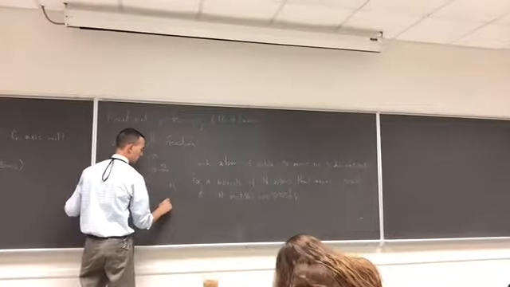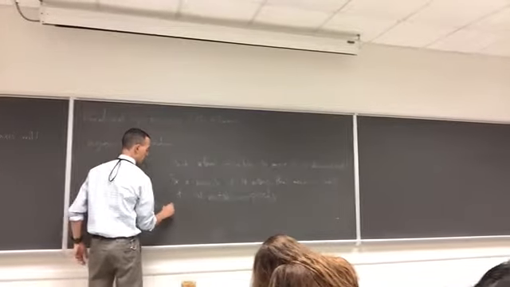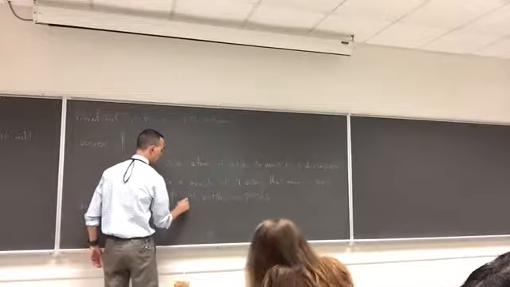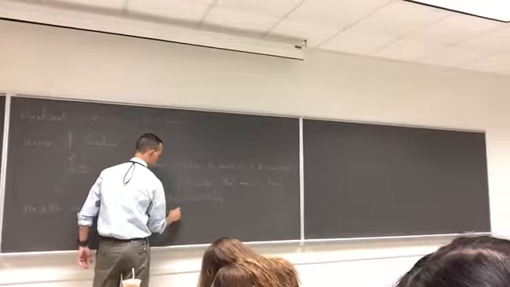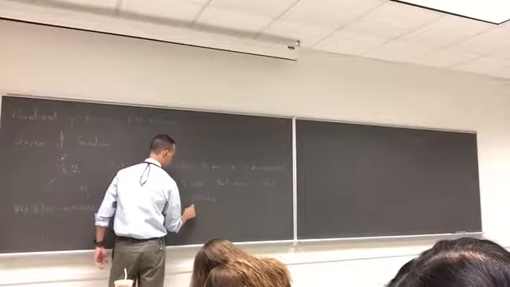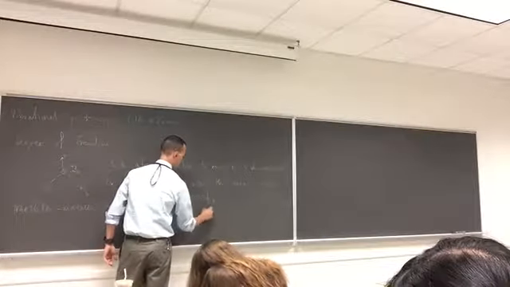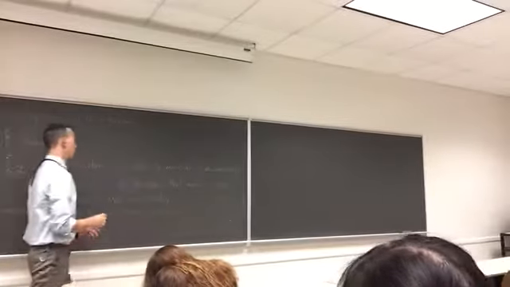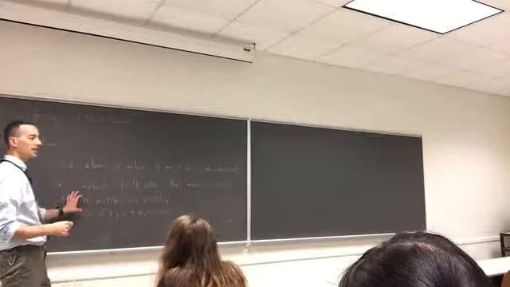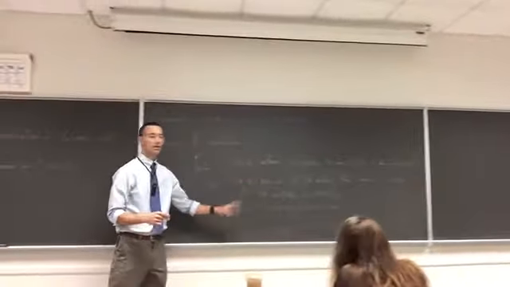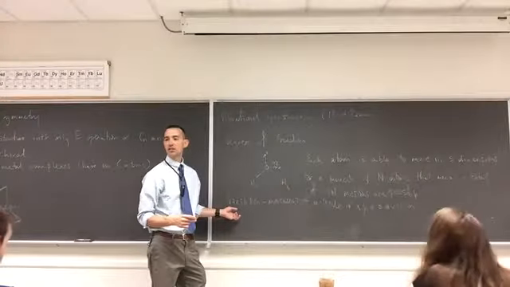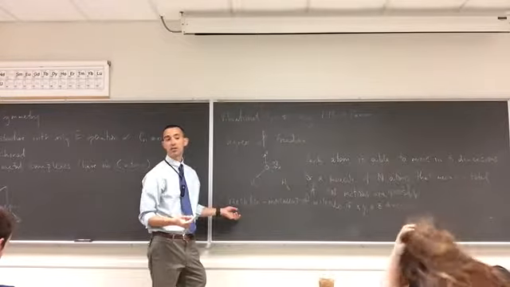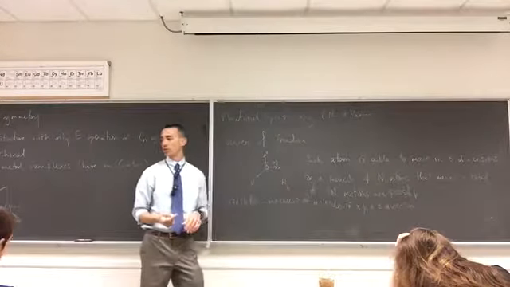Translation: movement of the entire molecule in the x, y, or z direction. So of the 3n possible motions, 3 of them always belong to translation. Okay, because you have to account for the fact that this molecule could move.